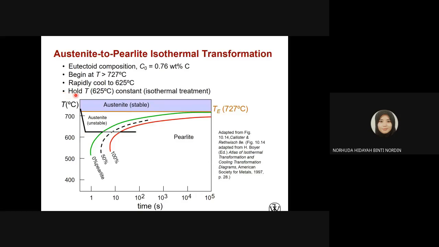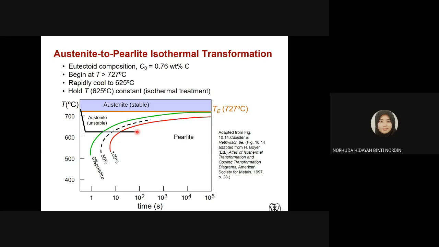It said to hold the temperature at 625 constant, and we call it isothermal treatment. Isothermal treatment means that you keep the temperature constant. Thermal is temperature, right? You keep the temperature constant at 625. So you just draw a straight line at 625, until 1000 seconds.